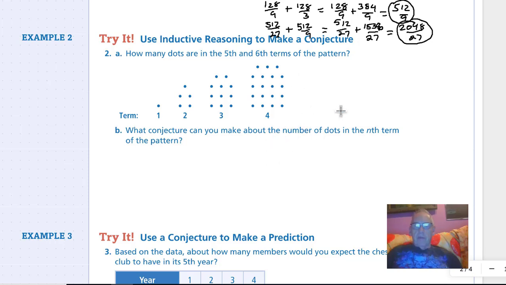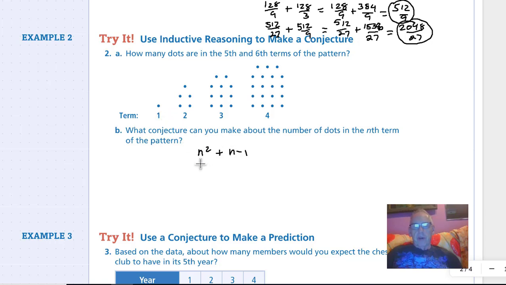So for the number of dots, the conjecture might be: if n is 1, we have n squared plus n minus 1. See how that works for 1. If n is 1, we have 1 squared, which is 1, plus 1 take away 1, which is 0, so we're left with 1.